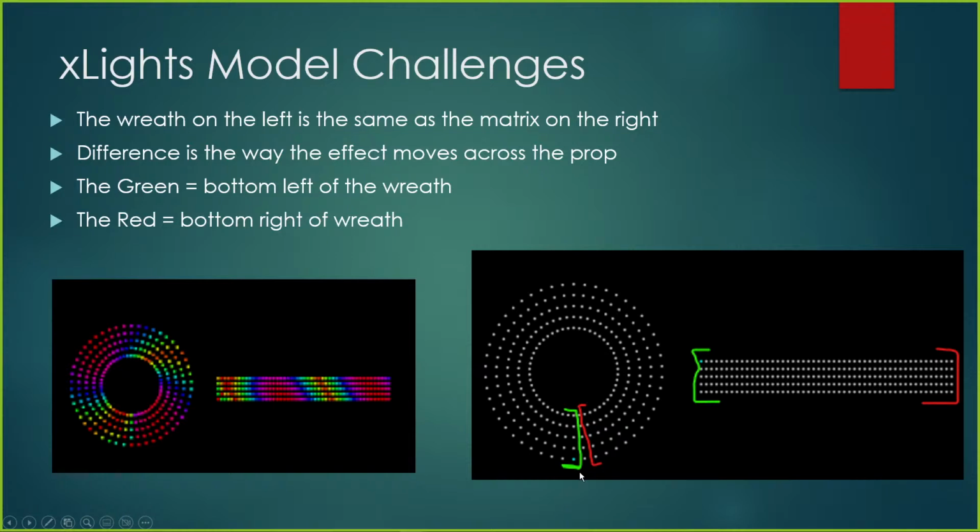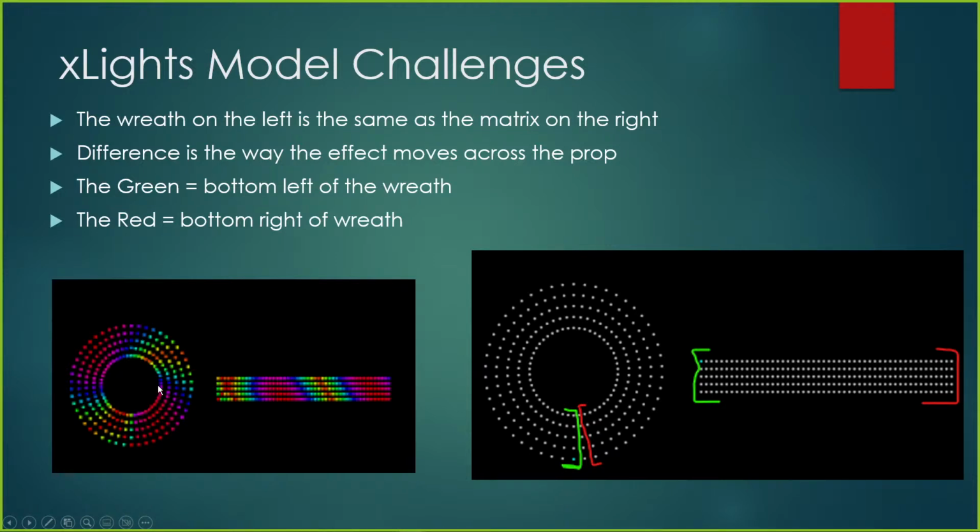So this is the bottom left side of the wreath, and this is the center of the matrix. Here is the top center of this wreath. So this is actually the left side of the matrix, and this is the right side of the matrix, and they're bent in a circle in order to fit together. And basically what xLights is doing is it's rendering this effect into this circle pattern.